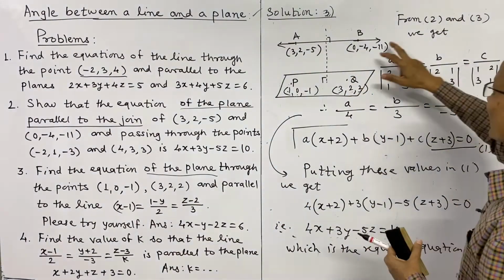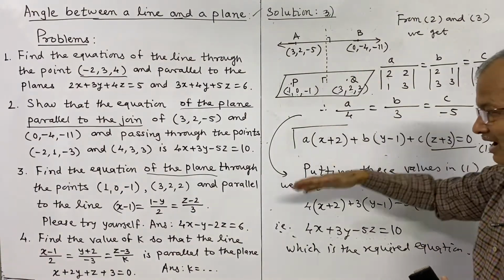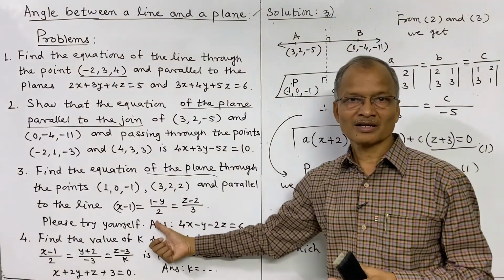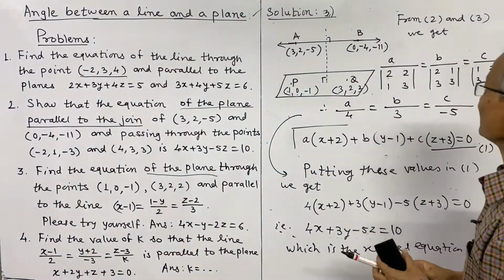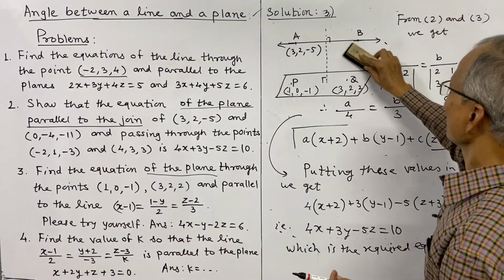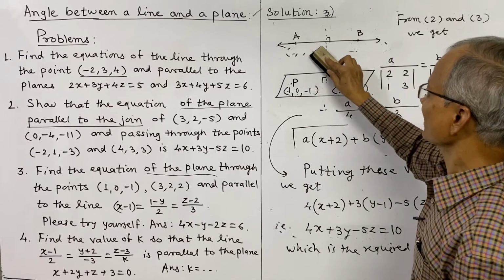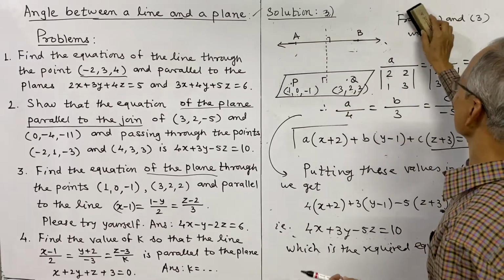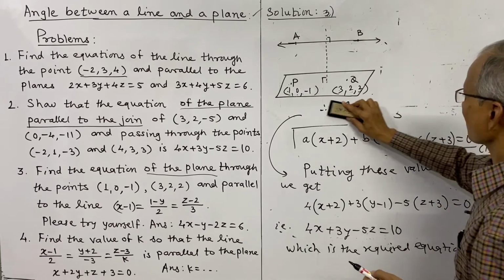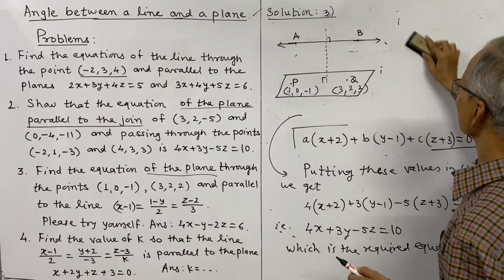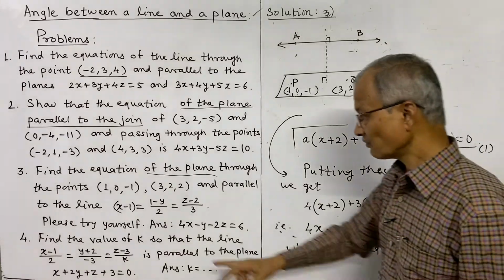In the earlier problem we obtained the DRs by subtracting, and here we can get the DRs of the line directly. The equation of the line is in symmetrical form, but the second term is to be observed. It is 1 minus y.